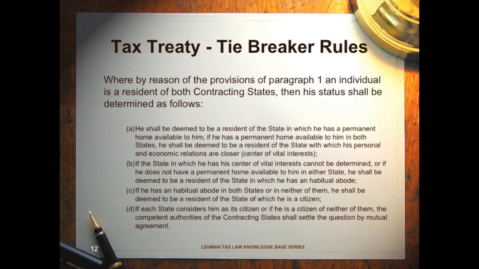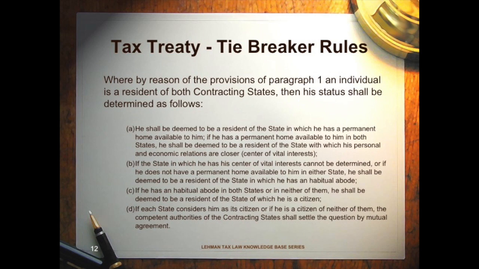And under those tax treaties, a person can actually be in the United States for more than 182 days and still not be a U.S. taxpayer and not be considered a U.S. tax resident.